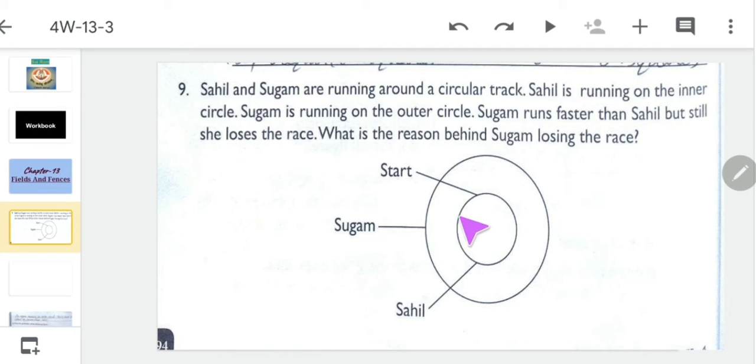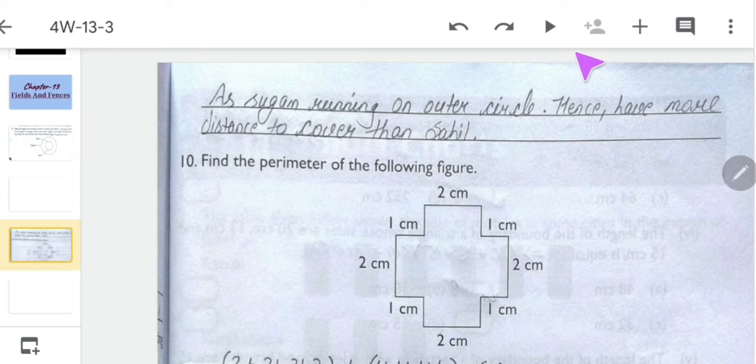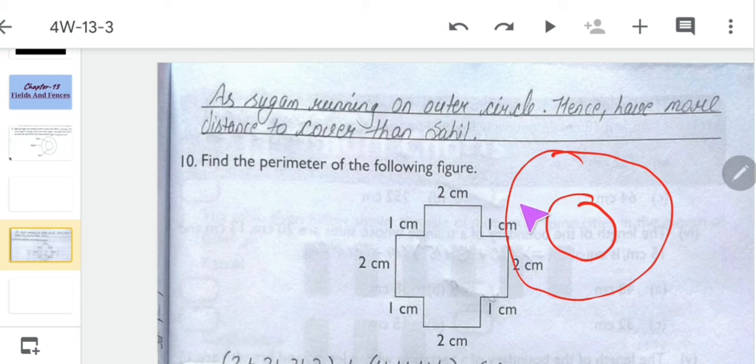So class, if you remember, we did the same kind of question in our textbook also. So let's see what should be our answer. As Sagun is running on the outside circle, she has more distance to cover than Sahil.